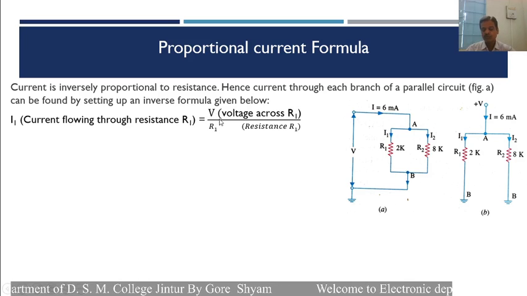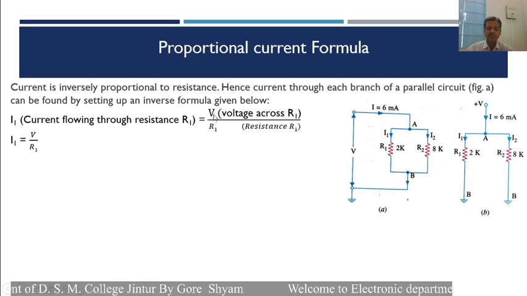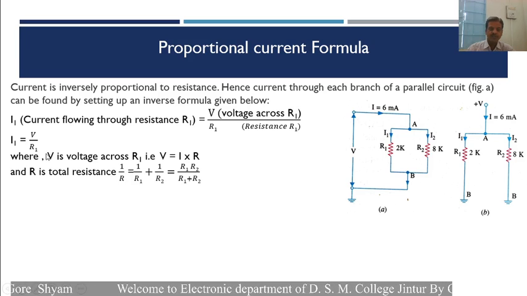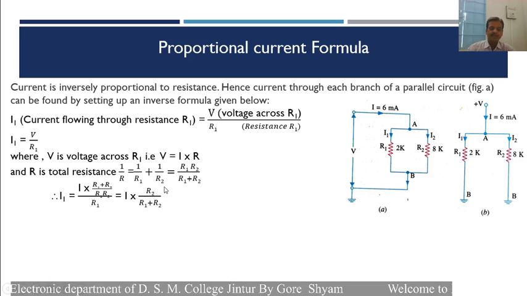So, first of all, let us find out V. V is the voltage across R1, and V is equal to I into R, where I is the total current and R is the total resistance. Here 1 divided by R is equal to 1 divided by R1 plus 1 divided by R2. Let us substitute the value of R in this equation.